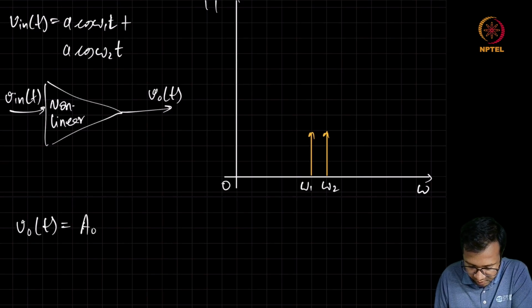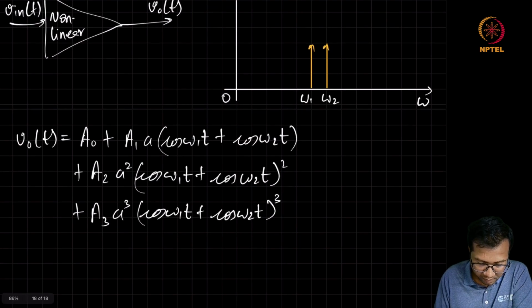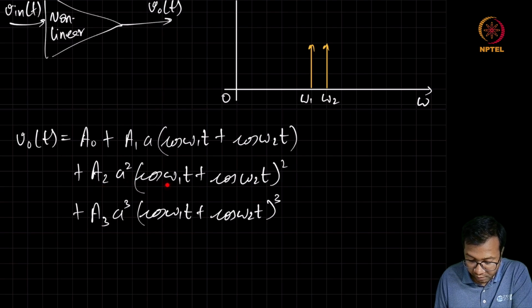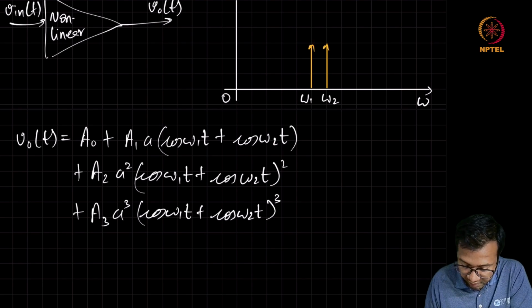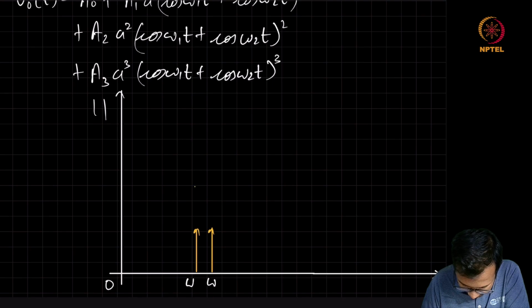We have a DC component, then a fundamental term. By now we are already familiar that this quadratic term is going to give rise to components at 2 omega 1, 2 omega 2, the DC terms, and omega 1 plus minus omega 2. So let's see the outputs.